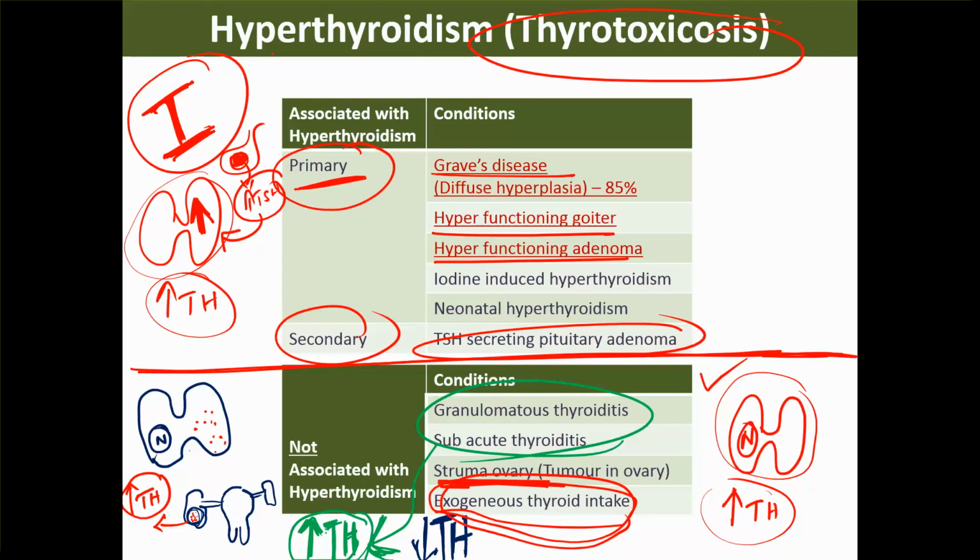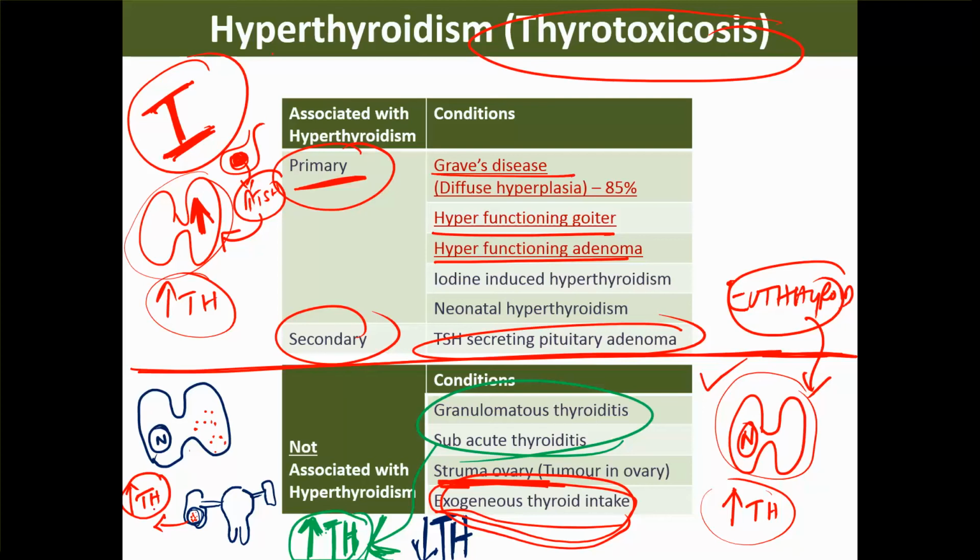I hope you all understand these two categories. Whenever I am talking about a normal functioning thyroid, we use the word euthyroid status, for telling that it is a normal functioning thyroid.